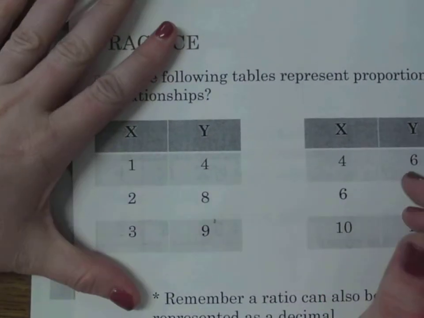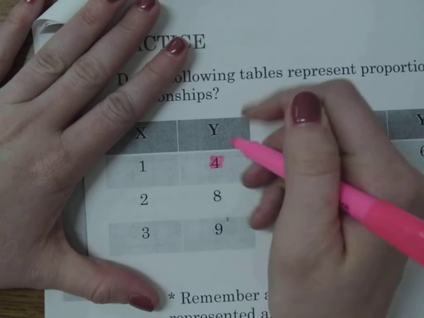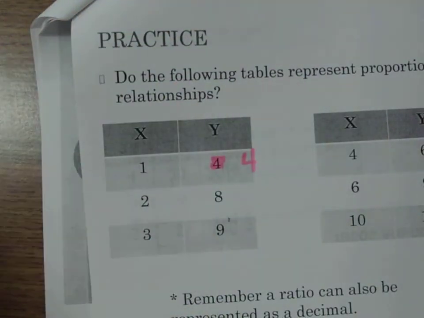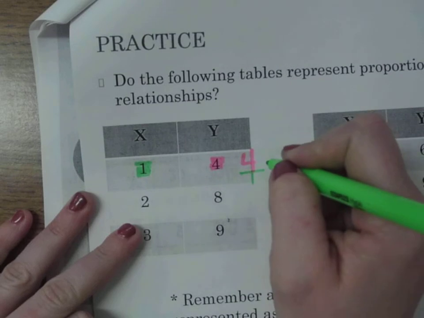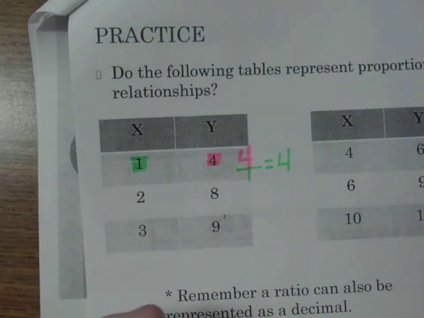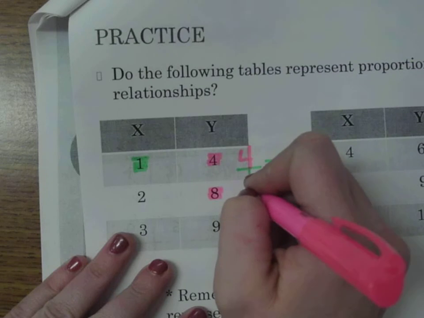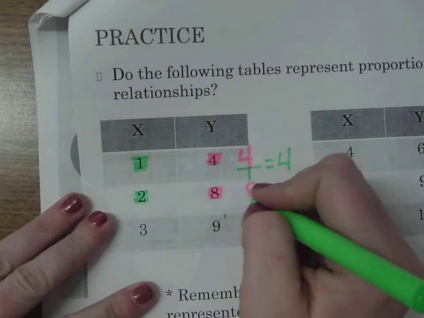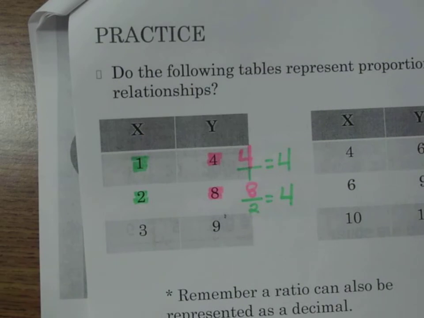So then let's see for these following ones. If I take 4 and divide it by 1, so 4 over 1 equals 4. 8 over 2 is also 4.